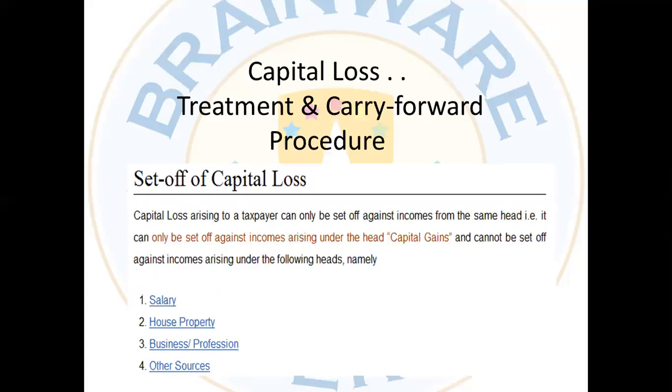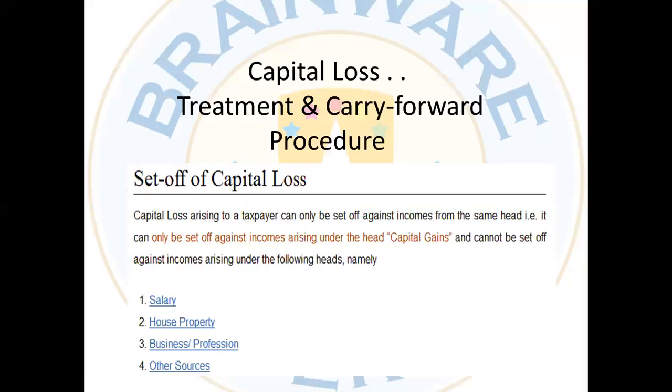When you sell house 1, suppose your capital loss is 4 lakh, and when you sell house 2, your capital gain is 5 lakh. So the total capital gain will be 5 lakh minus 4 lakh, which is 1 lakh. It means you are setting off the loss of house 1 against the profit from house 2, that is, income from capital gain against the same head, capital gain.